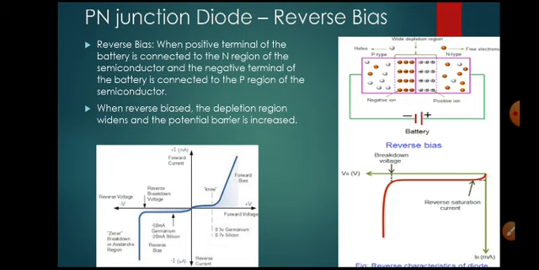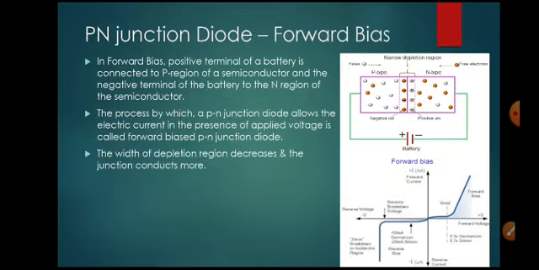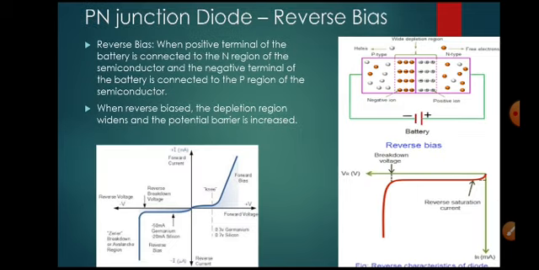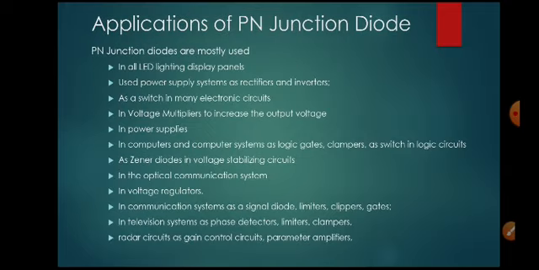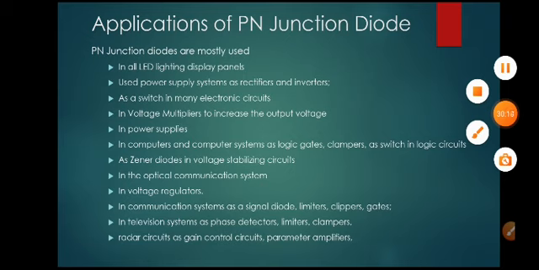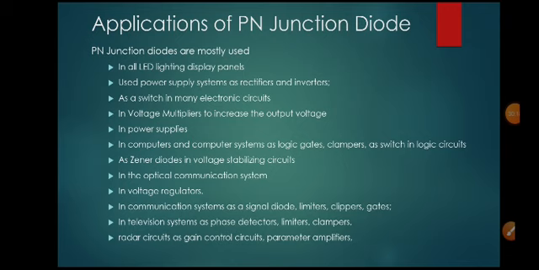So by biasing the PN junction diode in forward and reverse, we can apply these junction diodes in various applications. We have a wide range of applications of PN junction diodes.